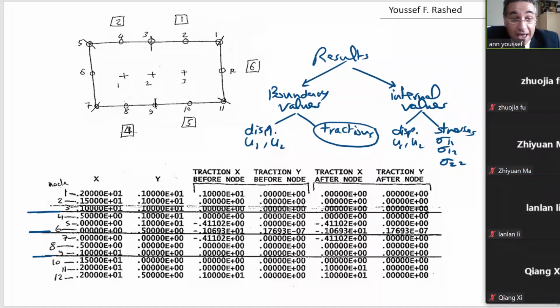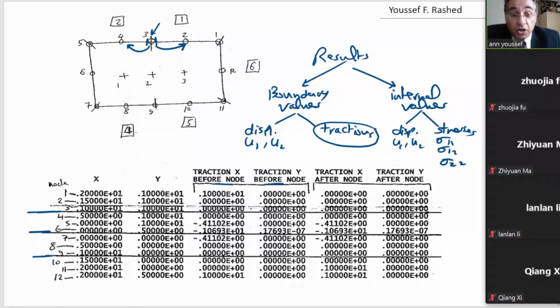In the third, you have the third node again. That means that you have traction before and traction after. For example, at this node, the traction before belongs to this element, and the traction after belongs to this element. This is very, very important to know.